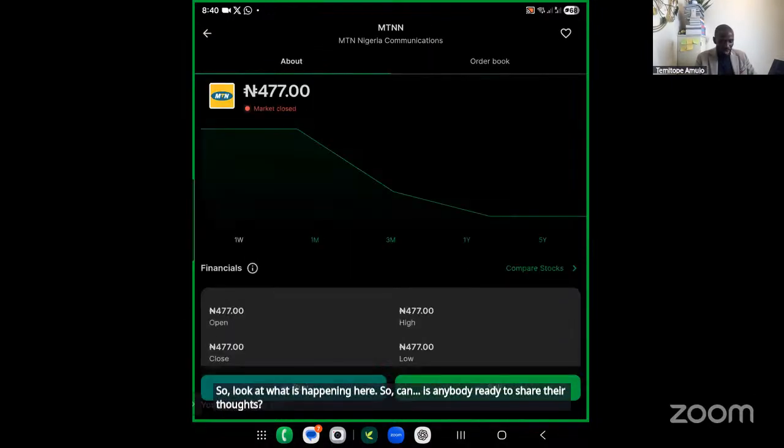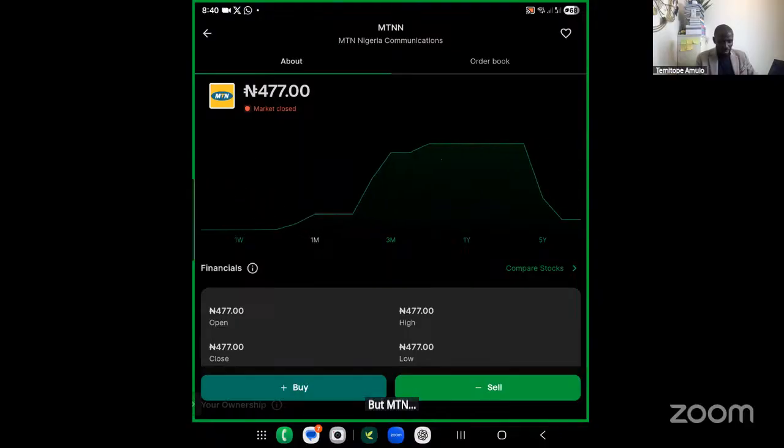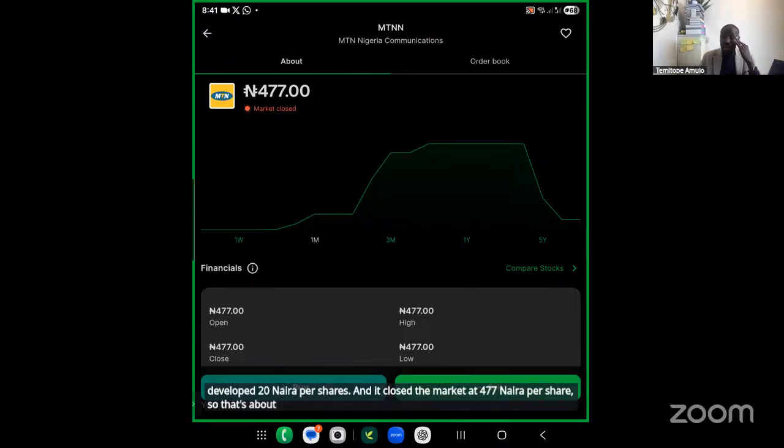But MTN, look at what happened to MTN in one month. MTN rose to as high as 520 naira per share, and it closed the market at 477 naira per share. So that's about 23 naira per share gone.